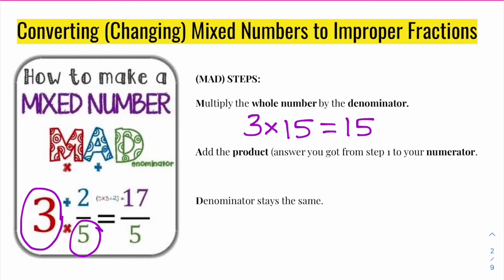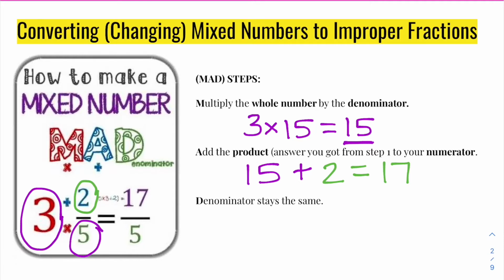Then I add the product, the answer I got in step 1, plus my numerator. And that would give me 17.